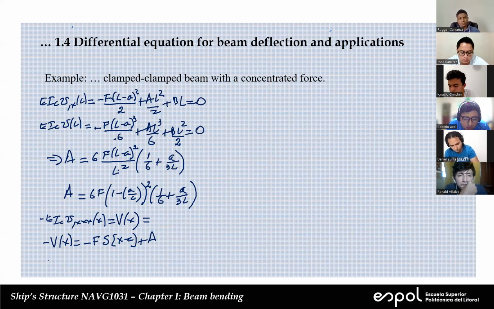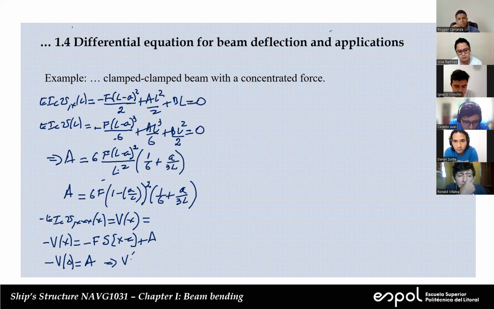So minus V at 0 is equal to this is 0, the step function at 0 is 0, and plus A. So A is this one. And now the shear force is equal to minus B minus A.